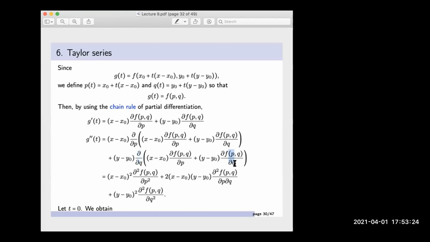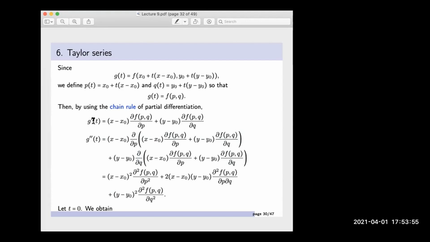So you have 3 terms. Let's summarize. The derivative of g consists of 2 terms. Each term is a partial derivative of f. The second order derivative of g consists of 3 terms. Each term is related to a second order partial derivative of f.